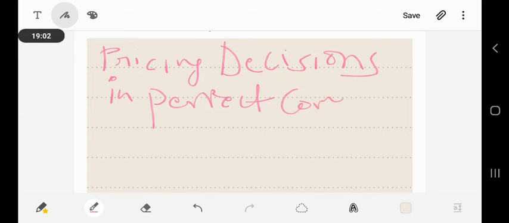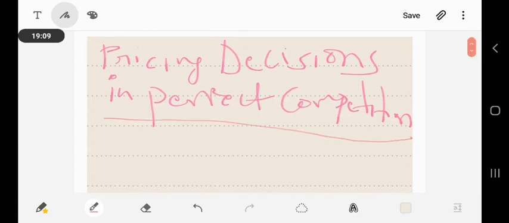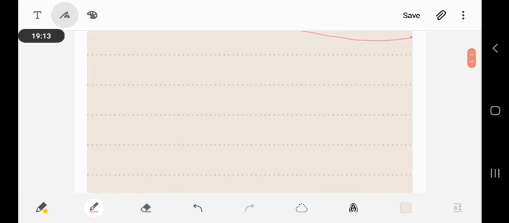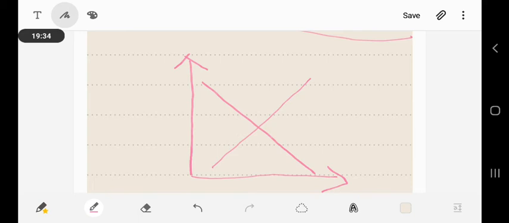Pricing decisions in perfect competition: how are prices decided? The determinants of price under perfect competition. Market price is determined by equilibrium between the demand and supply. In the very short run, the intersection of demand and supply will determine the equilibrium and the price.